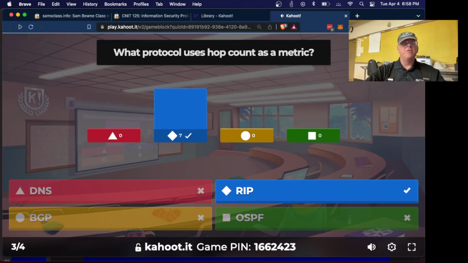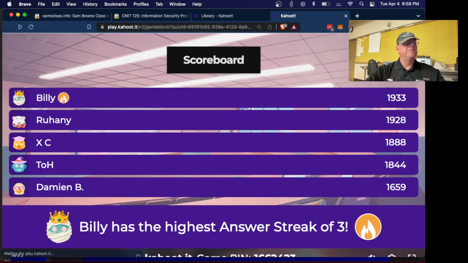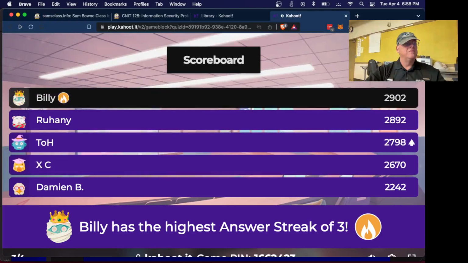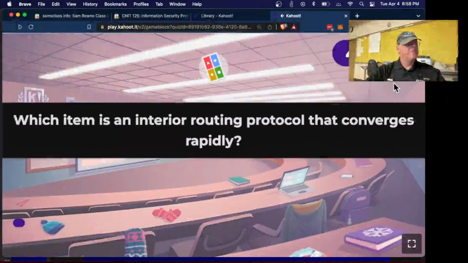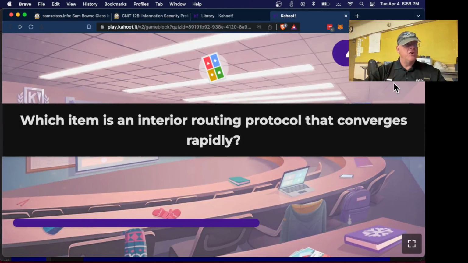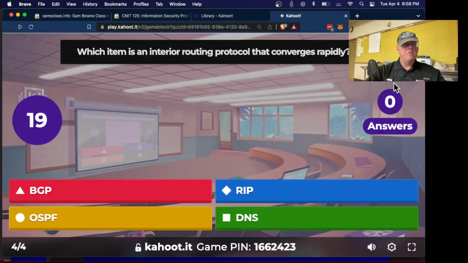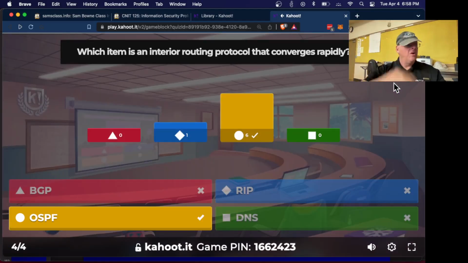The old one, RIP, used the hop count. Okay, what's the interior routing protocol that converges rapidly? The more modern one. All right, that's OSPF. Good.